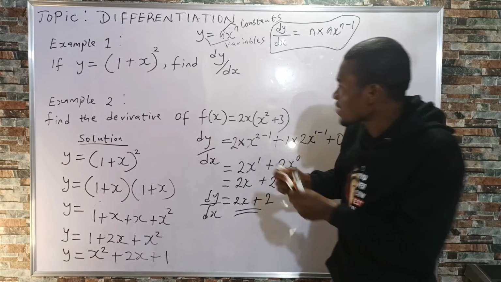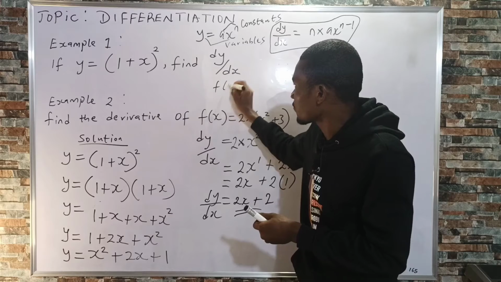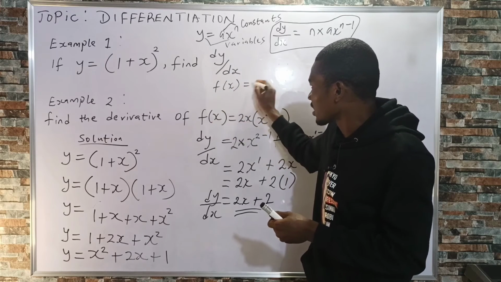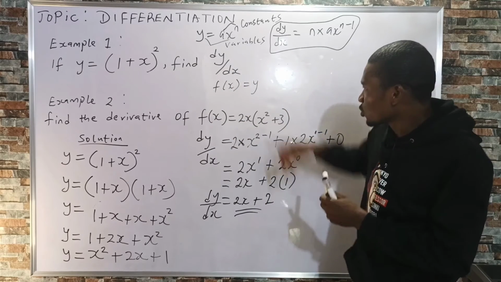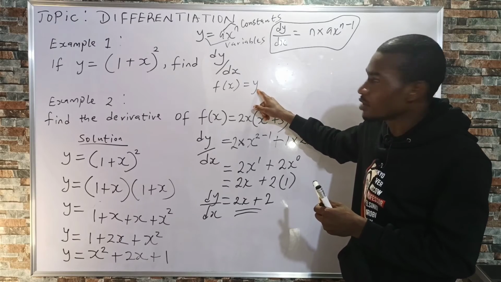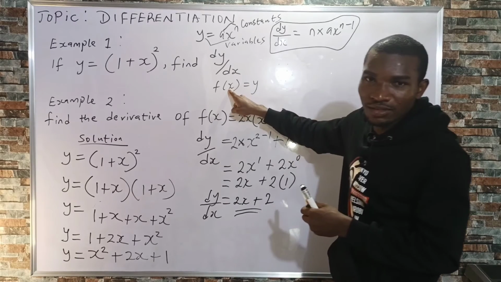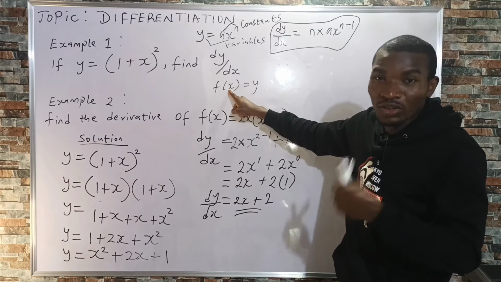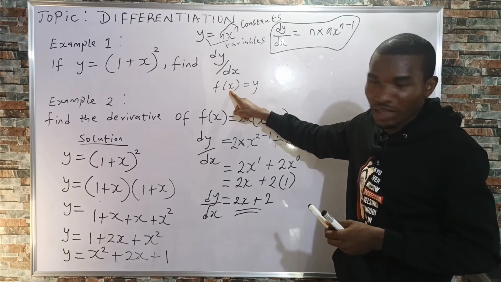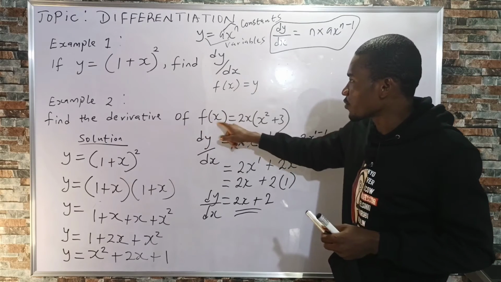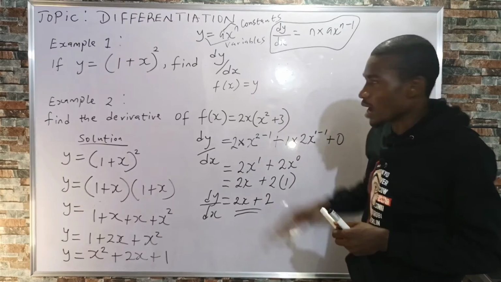That means the f of x here is the same thing as your y. Because you cannot find the value of y without plugging in your variable x or the value of your x variable, okay? That is the meaning of this. That means f of x is the same thing as your y.